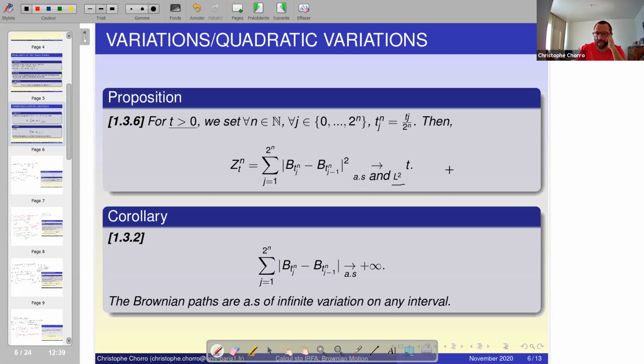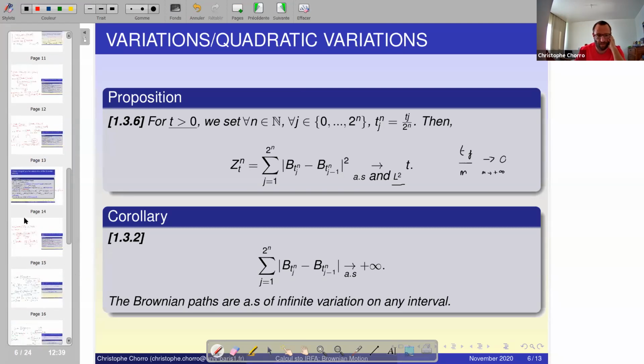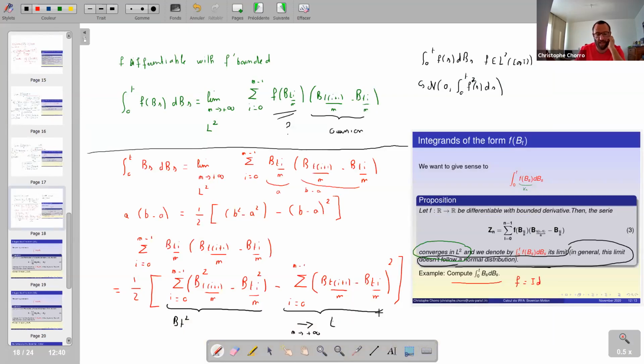Here, if I take as a subdivision tj over n, this one goes to 0 when n goes to plus infinity. And if it goes to 0, it implies that I have the convergence in L2. That is exactly what I want in the limit I want to compute here. So this term converges toward t when n goes to plus infinity. Okay?